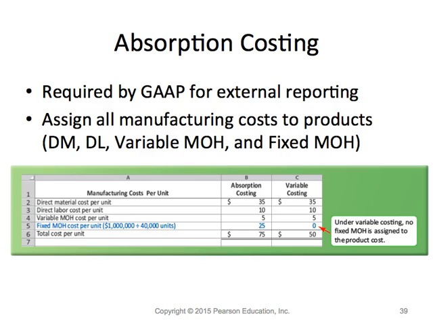Absorption costing is required by GAAP and the IRS, and it assigns all manufacturing costs to products: direct material, direct labor, variable manufacturing overhead, and fixed manufacturing overhead, all into the inventorable product cost.